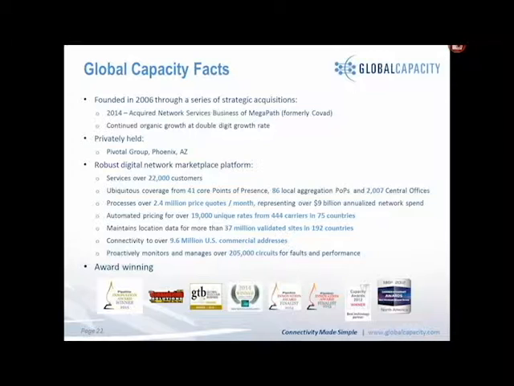We run automated pricing for over 19,000 unique rates from 444 carriers in 75 countries. And that's the trust factor of knowing the most information about a location to help you understand what's available. Maintaining local data from multiple sites across multiple countries. Again, that same trust of available information. Connectivity to over 9.6 million U.S. commercial addresses, and we currently proactively monitor and manage over 200,000 circuits for faults and tolerances.